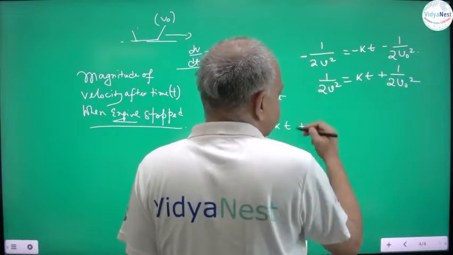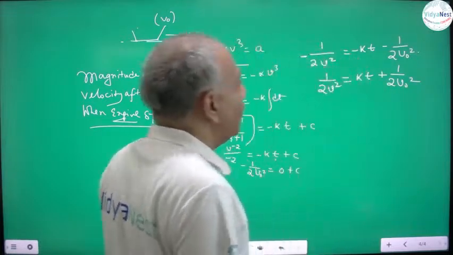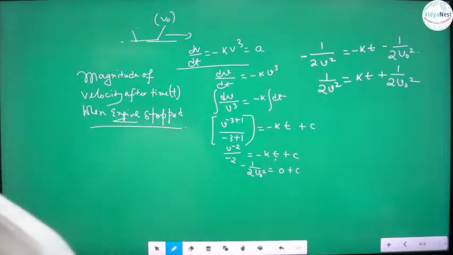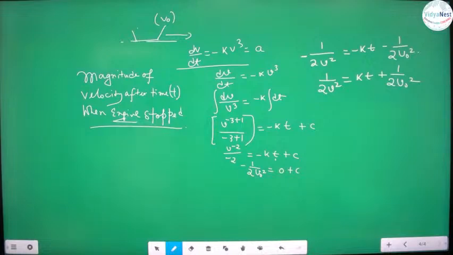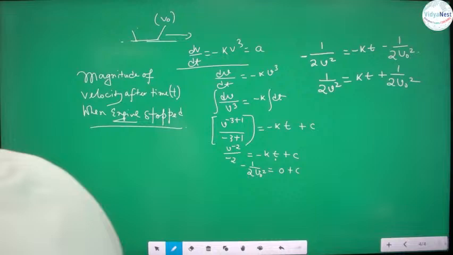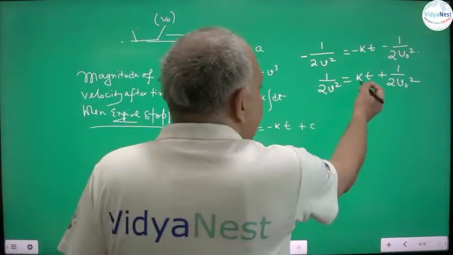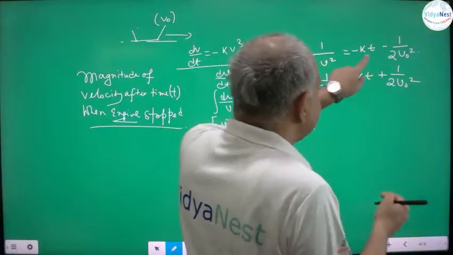Okay, so now in this situation, we got an expression of the velocity v at time t, because this time is variable.